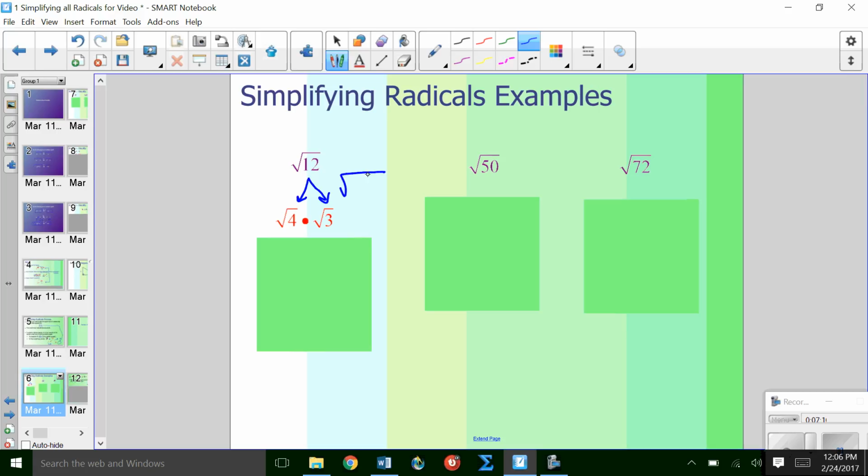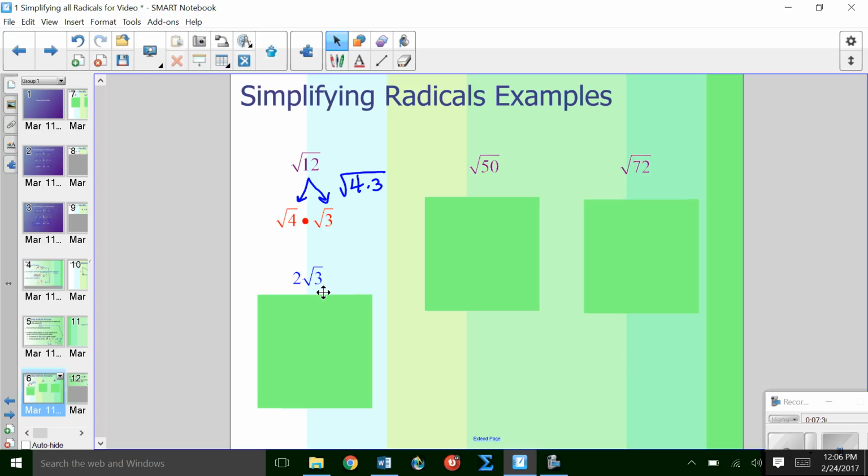And you might see this written as just all under one radical. And so I chose 4 and 3, not 6 and 2, because 4 is a factor that is a perfect square. So we always want one that is a perfect square. What can now happen is, because 4 is a perfect square, that portion of this we can take the square root of. The square root of 4 is 2. So this simplifies to 2 root 3.